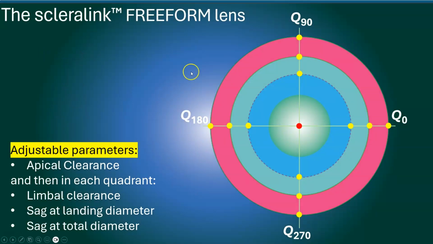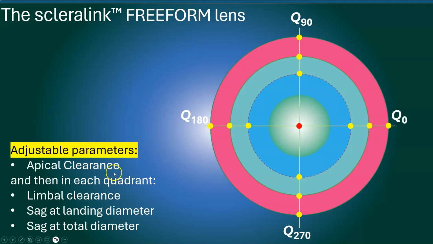First of all, this is again a schematic, and it is intended to be a quadrant-specific lens, so I have 4 quadrants, and I've identified those as Q0, Q90, Q180 and Q270. And you can adjust the apical clearance. You'll appreciate that to do that I will have to adjust the sag at the landing diameter, which is here, at the beginning of the scleral zone.